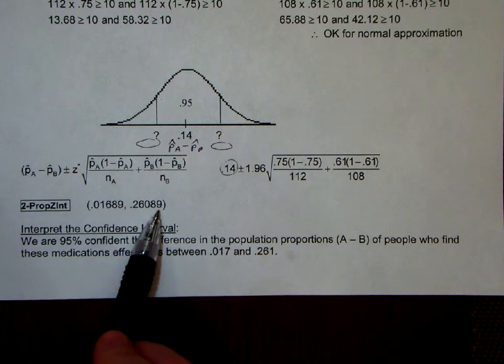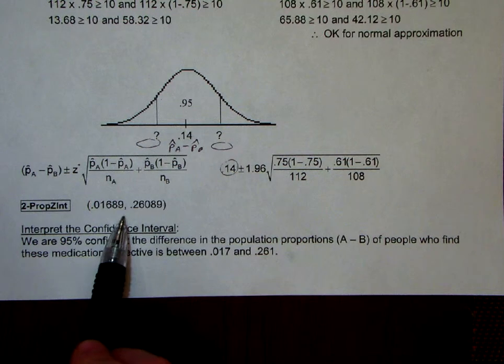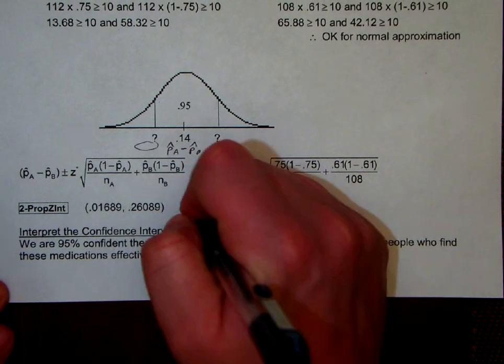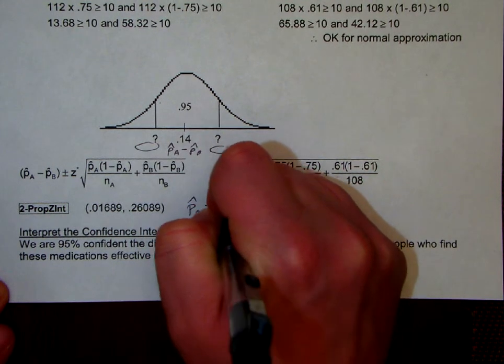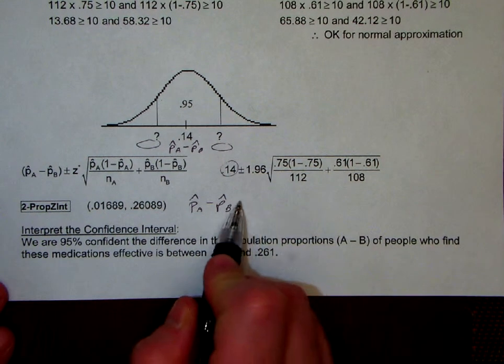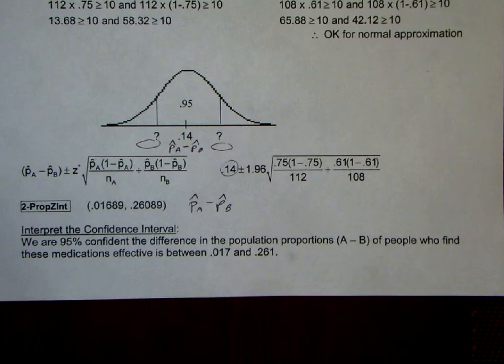And do you guys notice how 0 is not in the interval? If 0 was in the interval, you'd have p hat A minus p hat B equal to 0, and that would mean that they actually had the same amount of effectiveness.